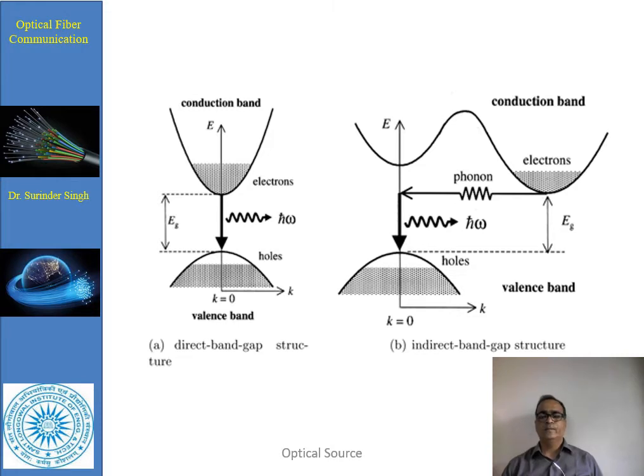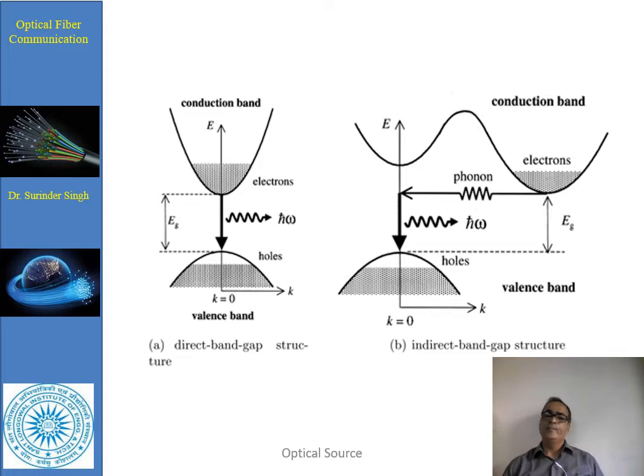Now another category is the indirect band gap material, in which the conduction band shows two bands. This is the lowest band energy, and this is a higher band of energy. Whereas in the case of the valence band, holes are present.